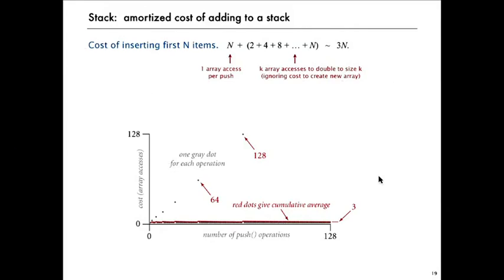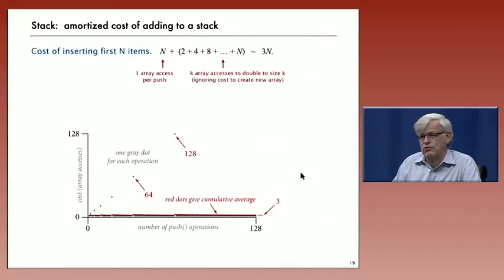So on average, it's like adding a cost of 1 to each operation. If you calculate the cost of inserting the first n items, instead of the sum of the integers from 1 to n, you're going to have the sum of the powers of 2 from 1 to n, and that gives a total cost of about 3n array accesses, since for the copy there are 2 array accesses.